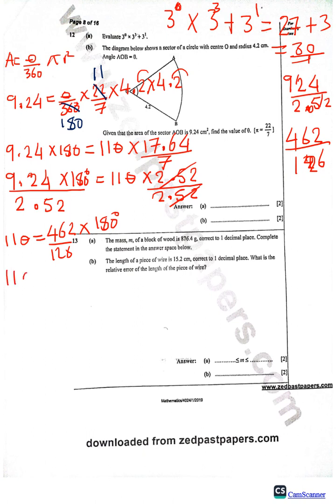Now what is common in 180 and 126 is 6. So 6 into 180 is 30, and 6 into 126 is 21.